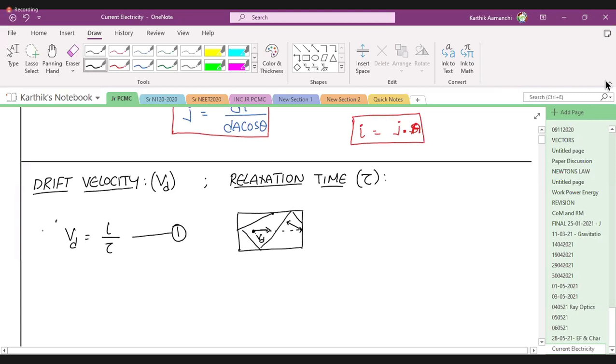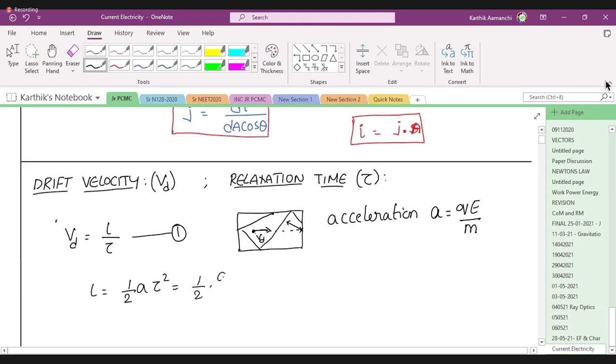Now, when a charge is moving from one point to another point, what will be the acceleration? QE by M. Yes, sir. So L is equal to half A tau square.